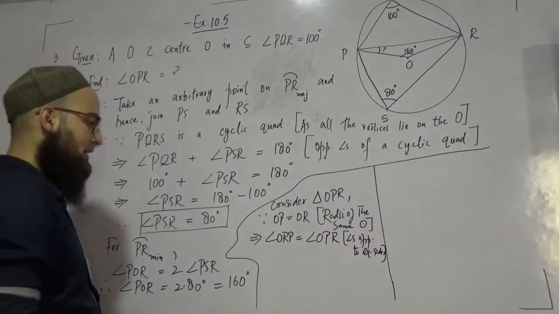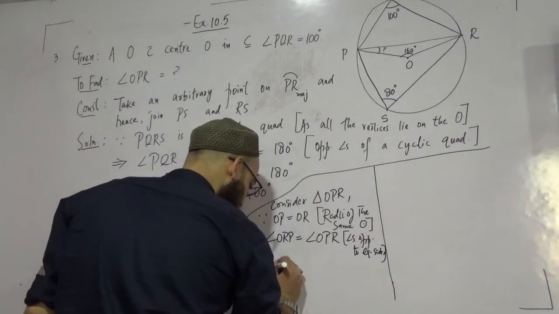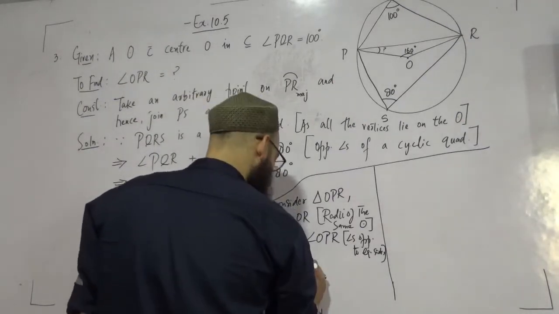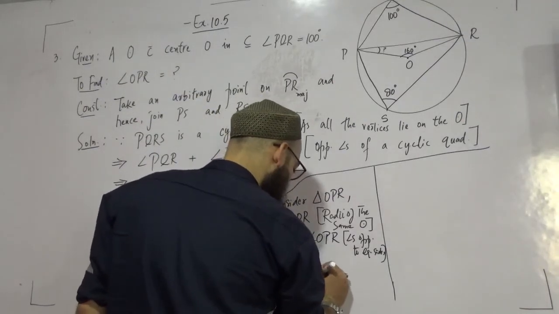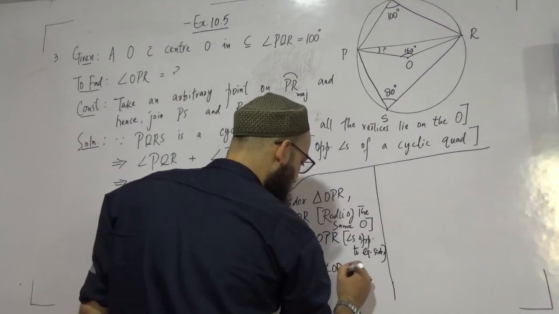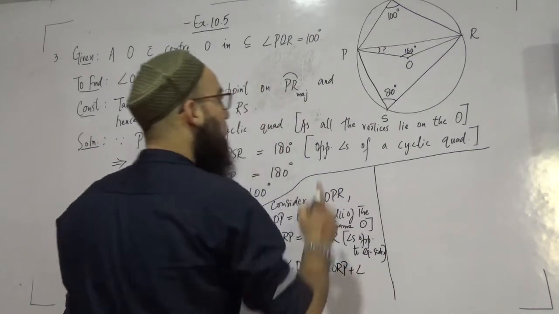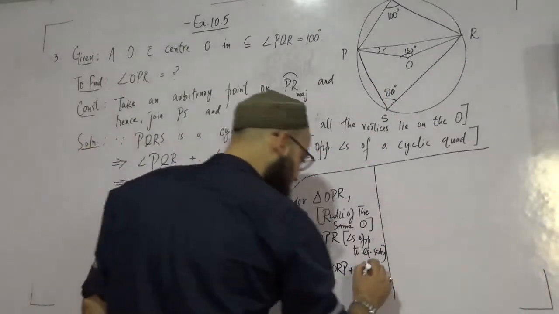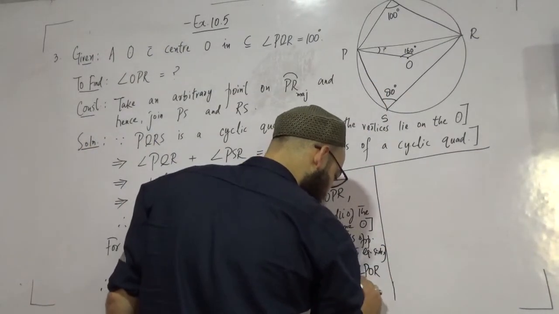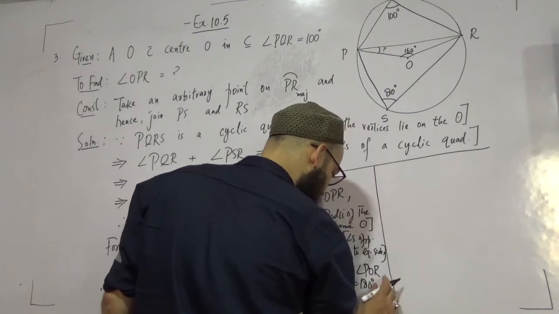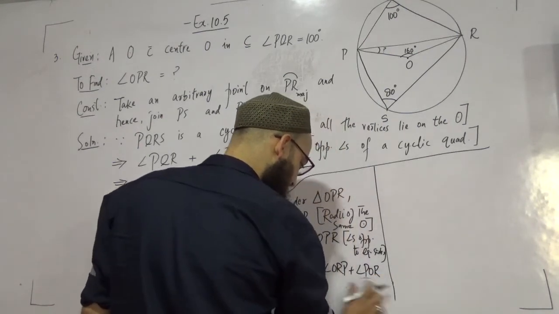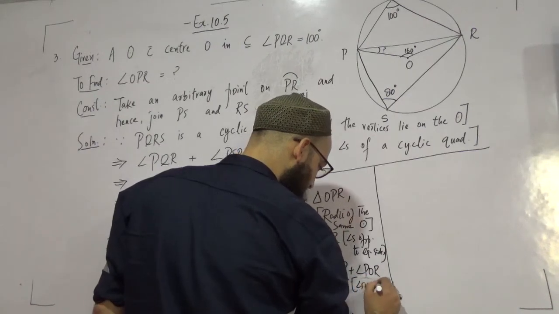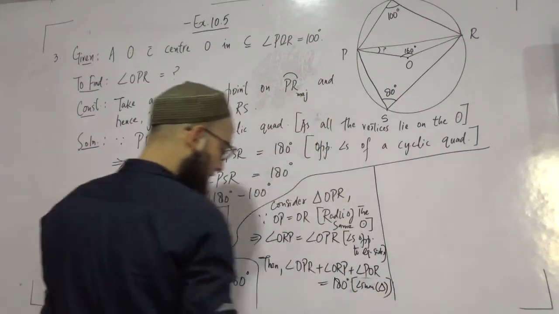Now if that's the case, then angle OPR plus angle ORP plus angle POR is equal to 180 degrees, the angle sum of a triangle. Got it?